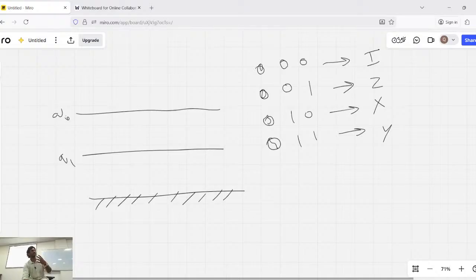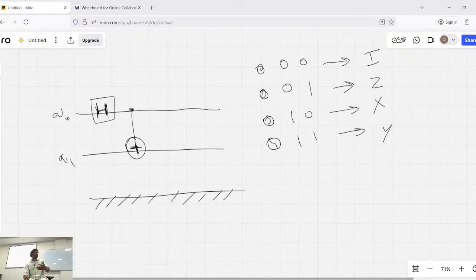The first thing we will do is entangle these two qubits. That's my first step. So how can I entangle the qubits? By using the Hadamard gate in the first place, and then I will use the CNOT gate. So when I use a Hadamard gate followed by a CNOT gate, I am entangling the qubits.